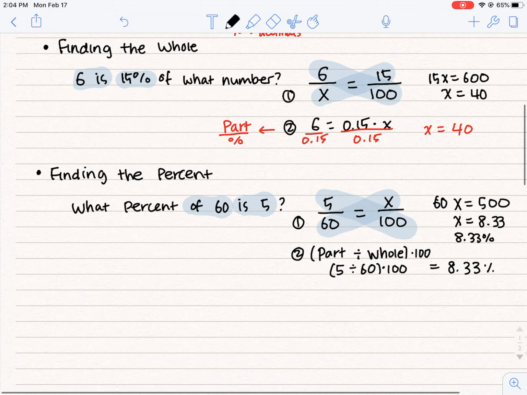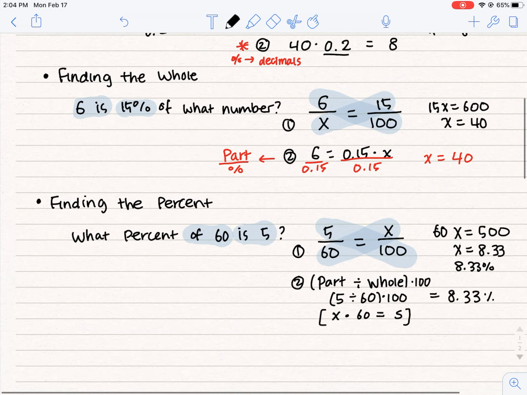For example, percent times the whole number, 60, equals 5, and then you're just dividing, so it's going to be the same thing. You really don't have to know this.